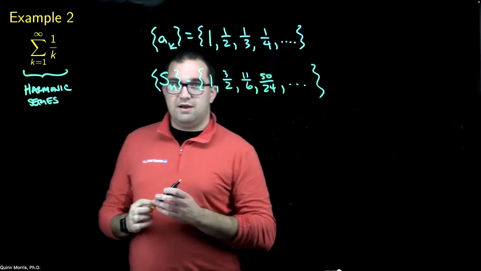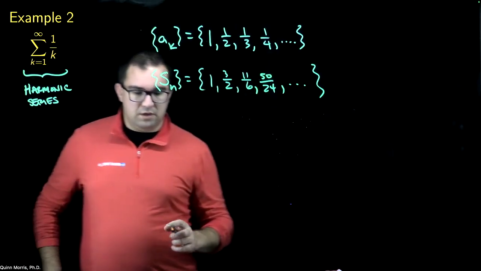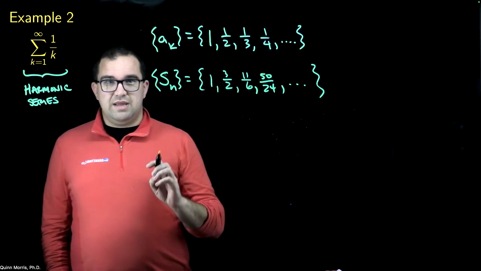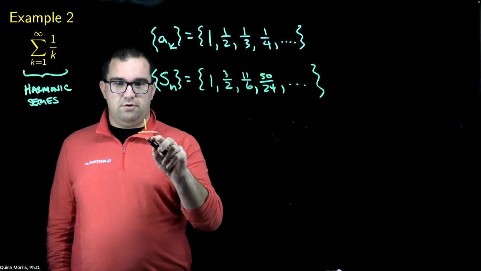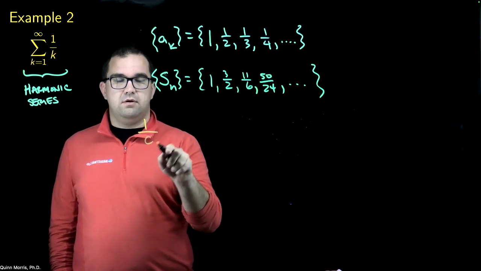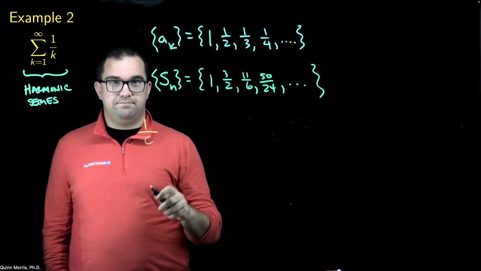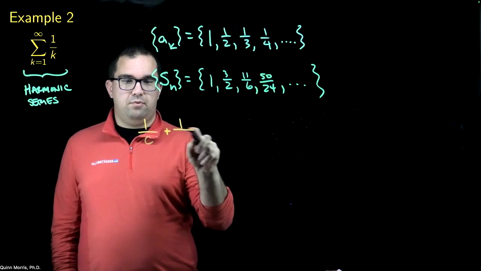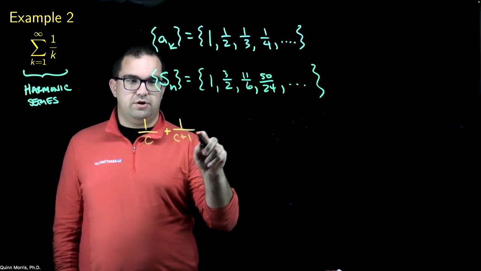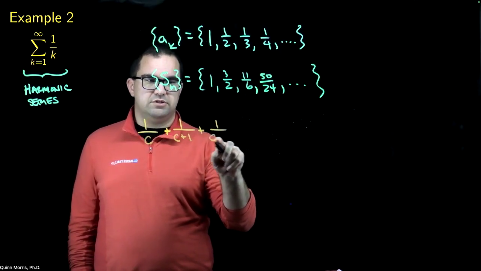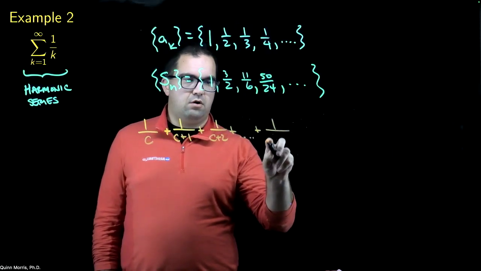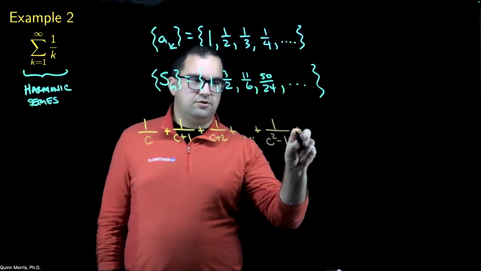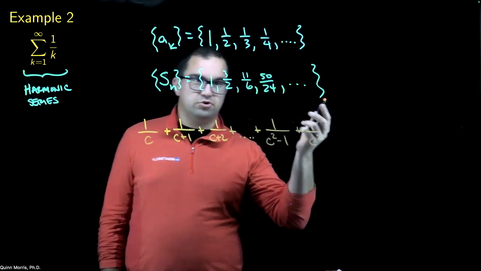But their idea is as follows. It originates with the observation of the following fact. If I take some natural number c and I add up 1 over c plus 1 over c plus 1 plus 1 over c plus 2, and I keep going all the way up until I get to 1 over that number squared.